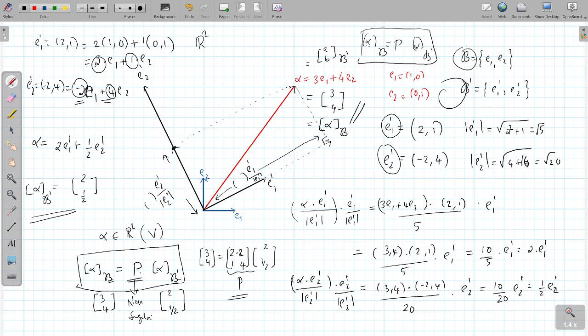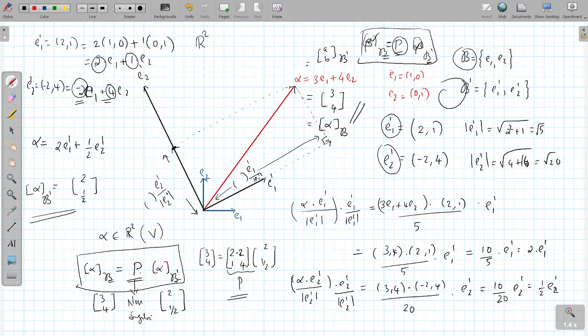If you change alpha to beta, then you can write the same relation without changing this P. So this P is independent of the vector alpha or beta. This P depends only on B and B prime. That is our next theorem.